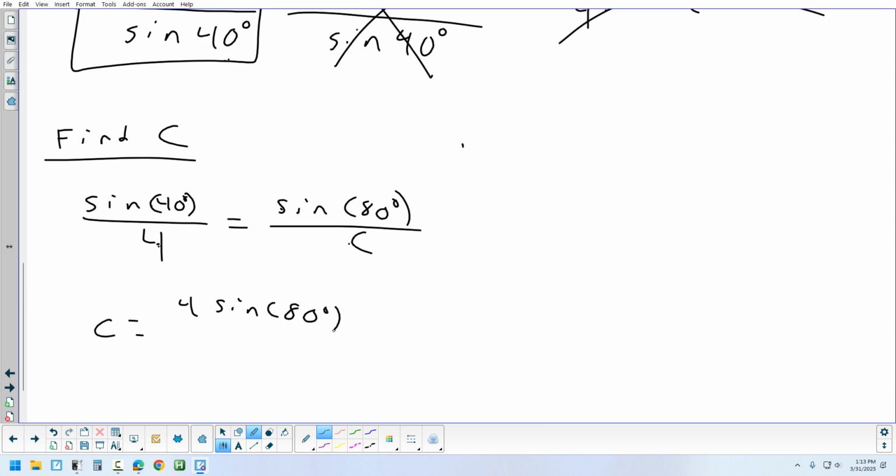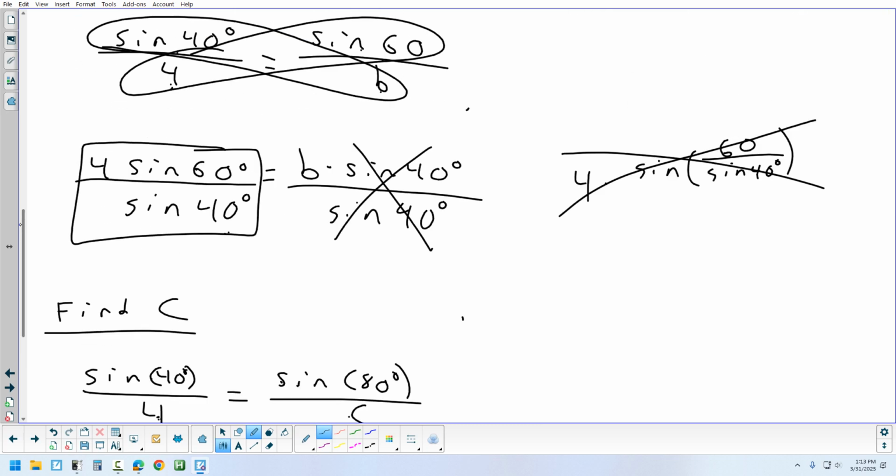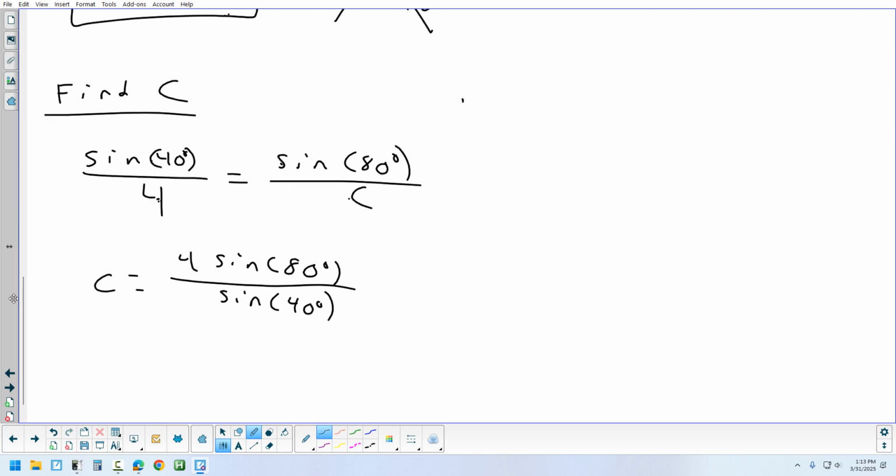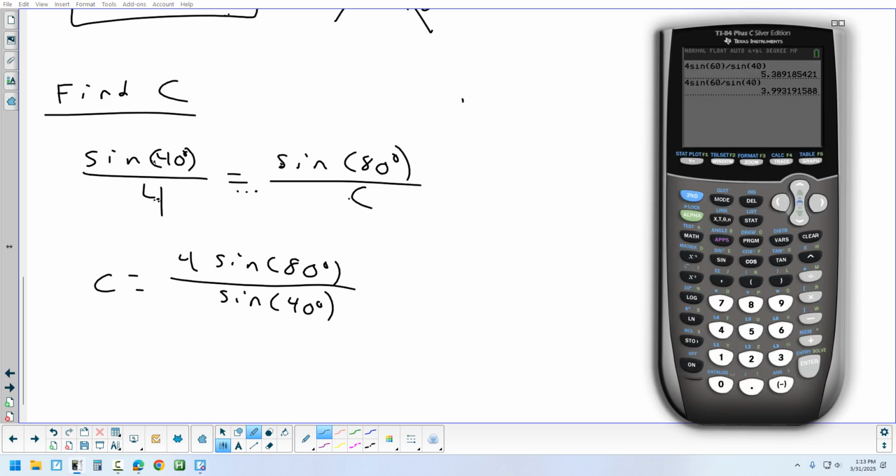divided by the one that's with the letter, sine 40. If you don't want to do that in your head, you can do it out like we did the last one. That's fine. But any question why it's 4 sine 80 divided by sine 40? Okay.